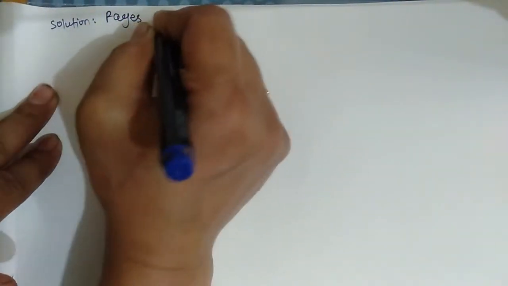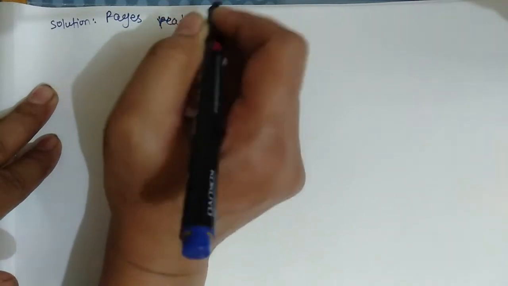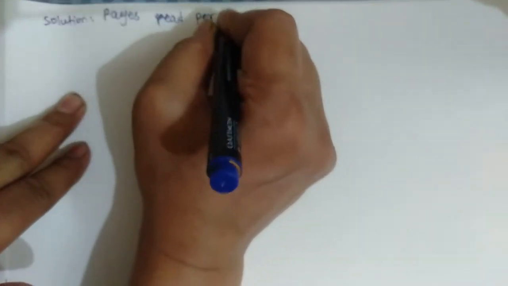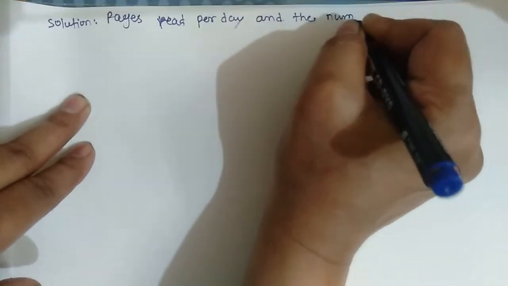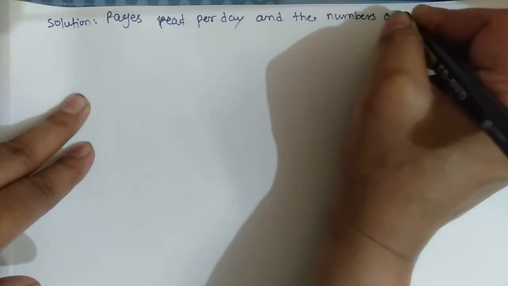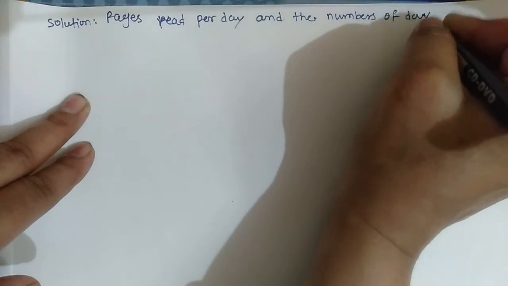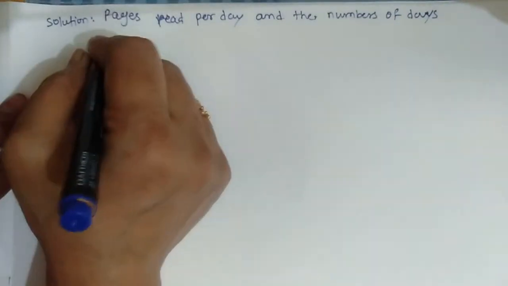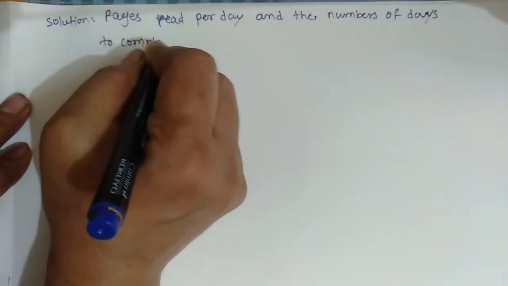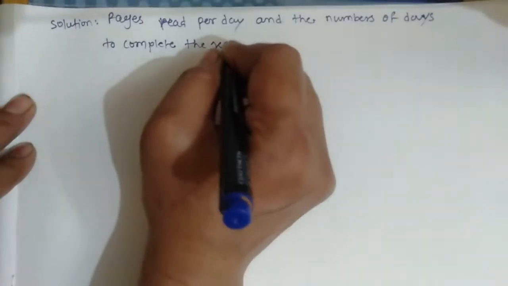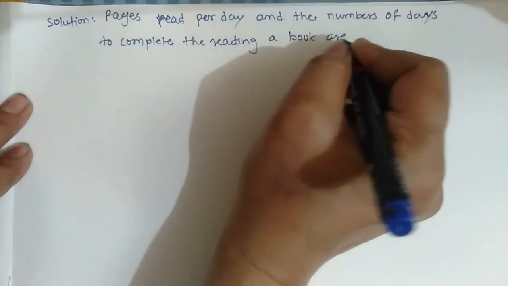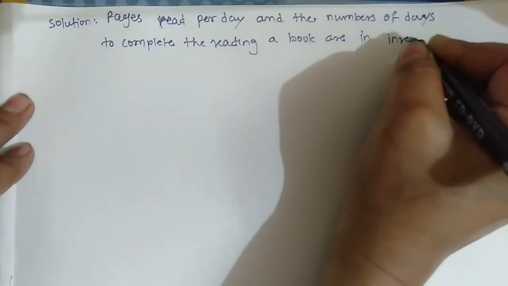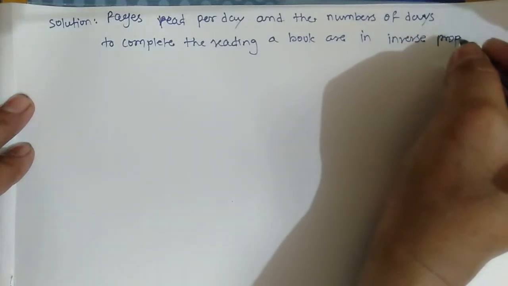See the solution. Pages read per day and number of days to complete reading a book are in inverse proportion.